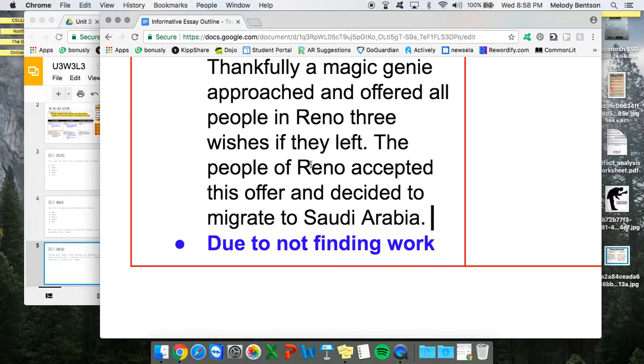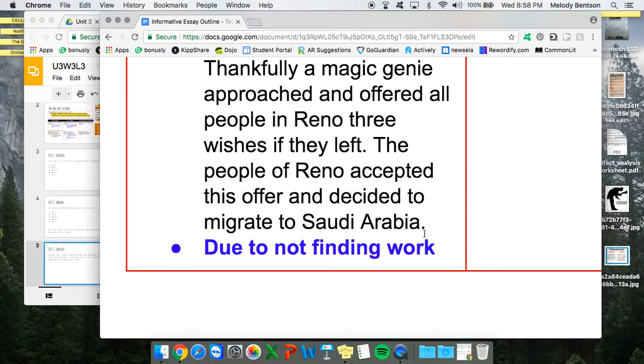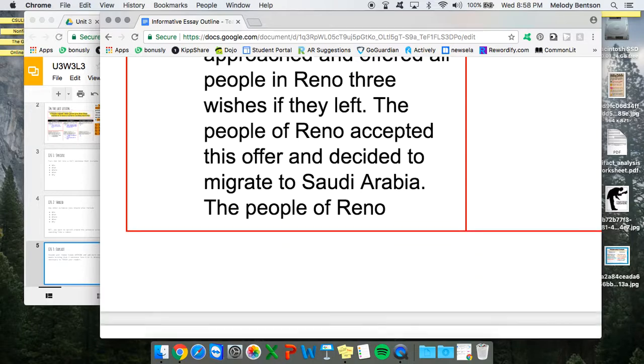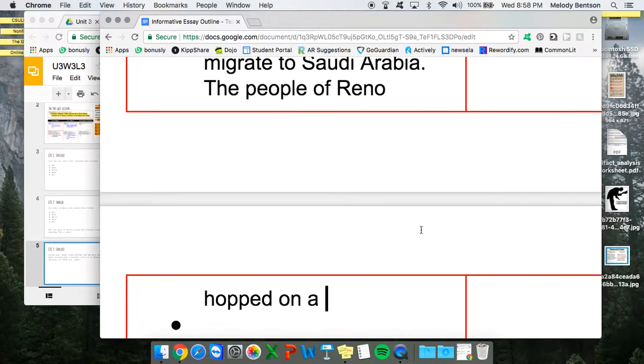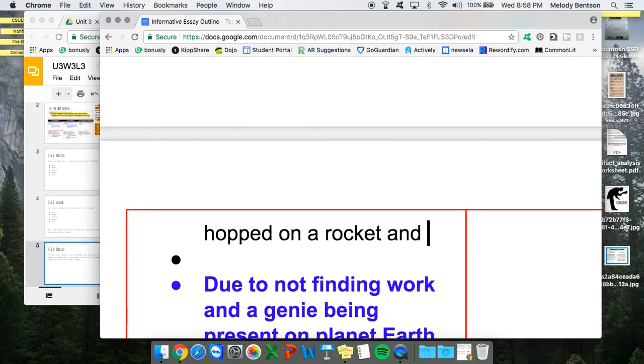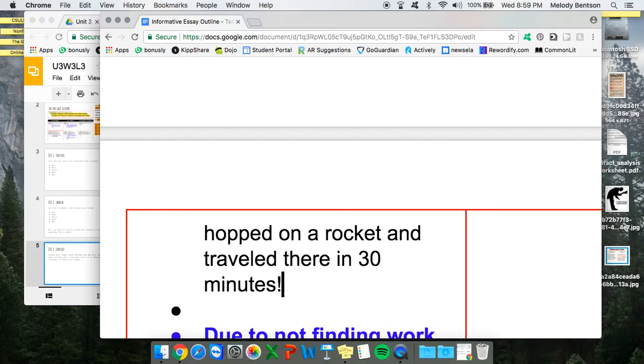Arabia. I think this might even be a good opportunity to say how, because for those of you that don't know, Saudi Arabia is an actual country over in Asia, and Reno, Nevada is just next to California, so your reader might be confused by that. So I'm going to say the people of Reno hopped on a rocket and traveled there in 30 minutes.